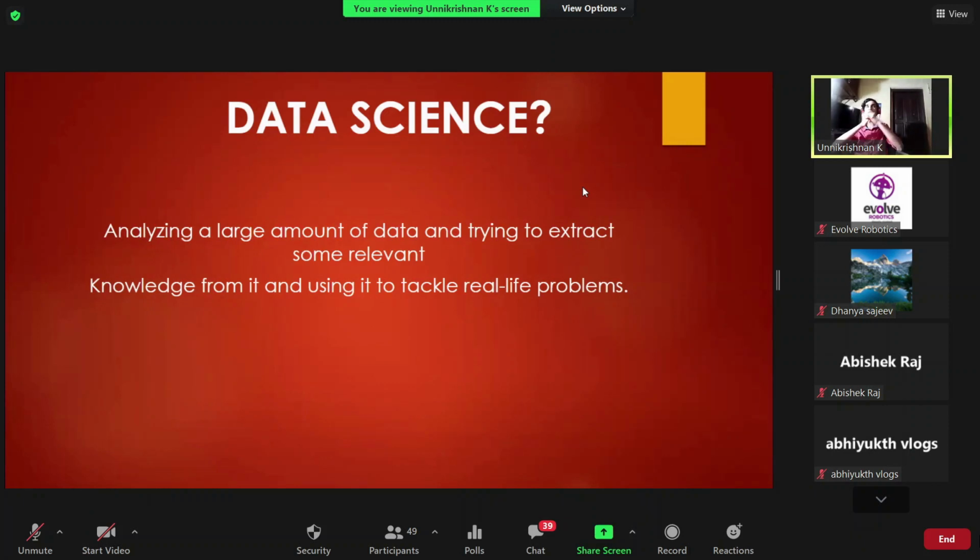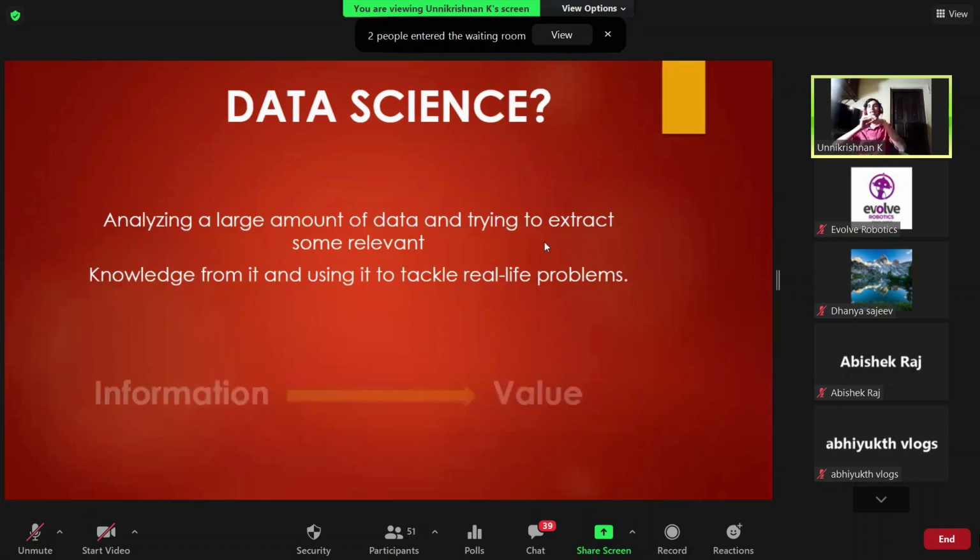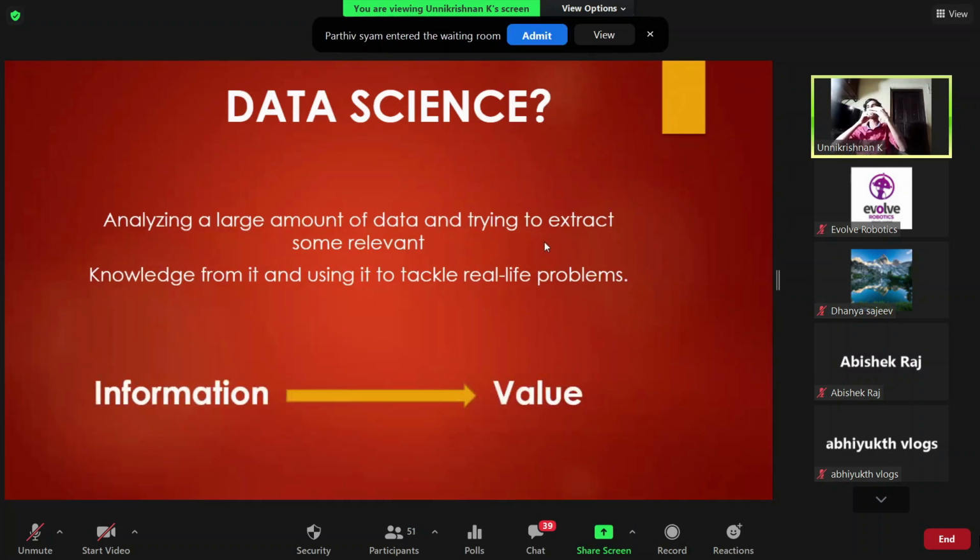It can be a pie chart, a bar graph, or a line graph or anything like that, so that we can get a clear picture about the data. And from this we form insights, and we use this insight to solve real life problems. So simply, we are converting information into value.